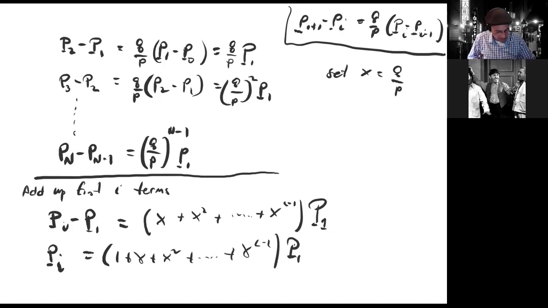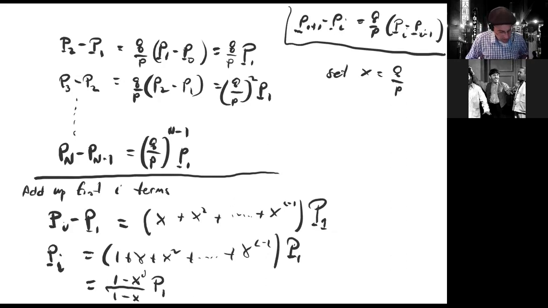Okay, so now what does that tell me? That's the same thing as, and this is something you learn in Calc 2, the sum of these terms is 1 minus x to the power of i divided by 1 minus x, at least if x is not 1, and times p1.